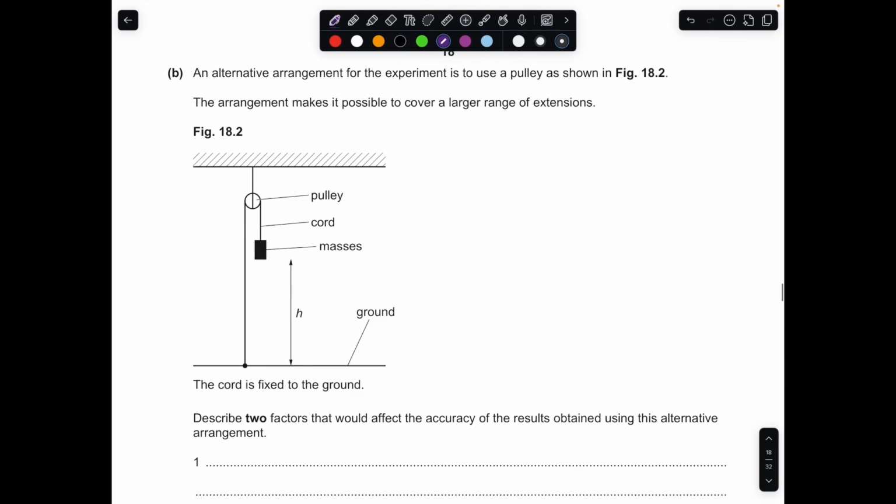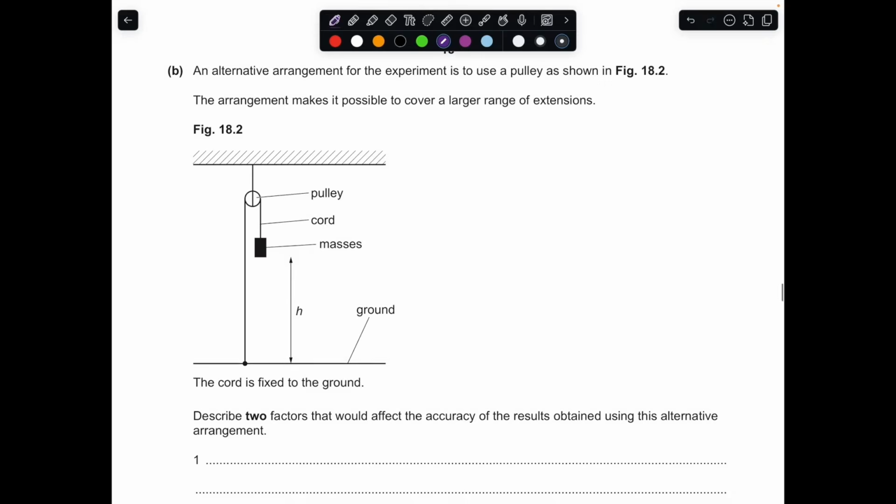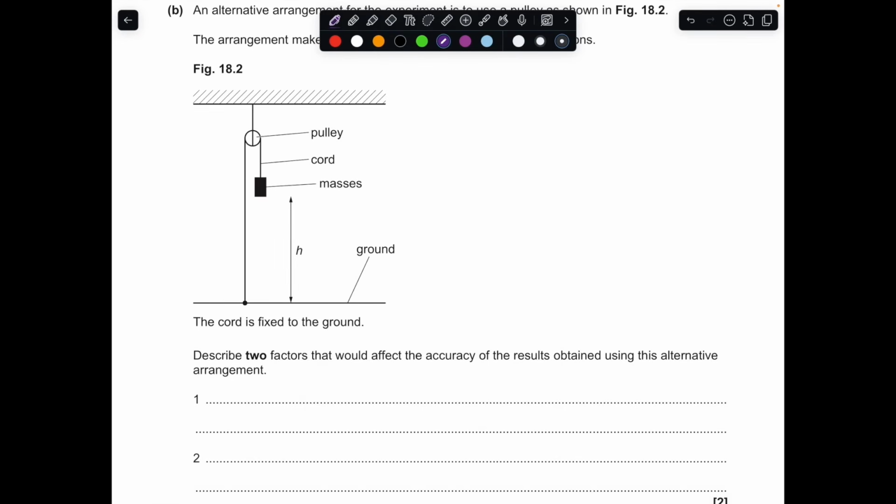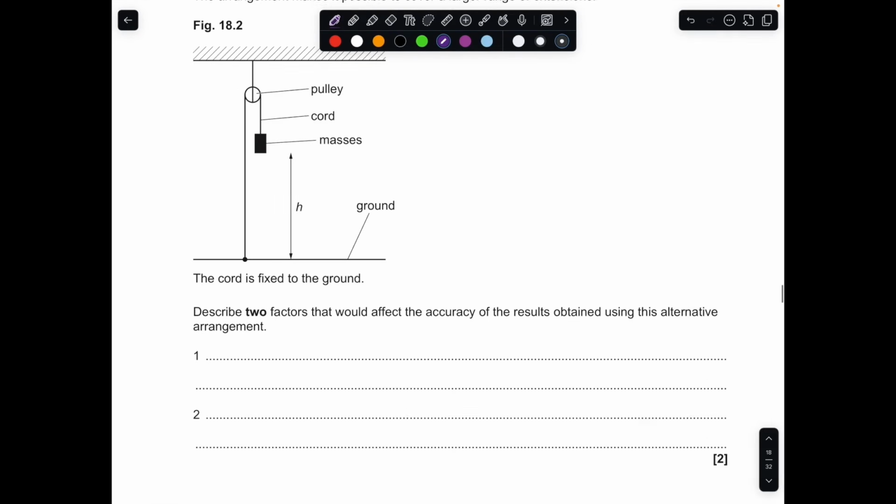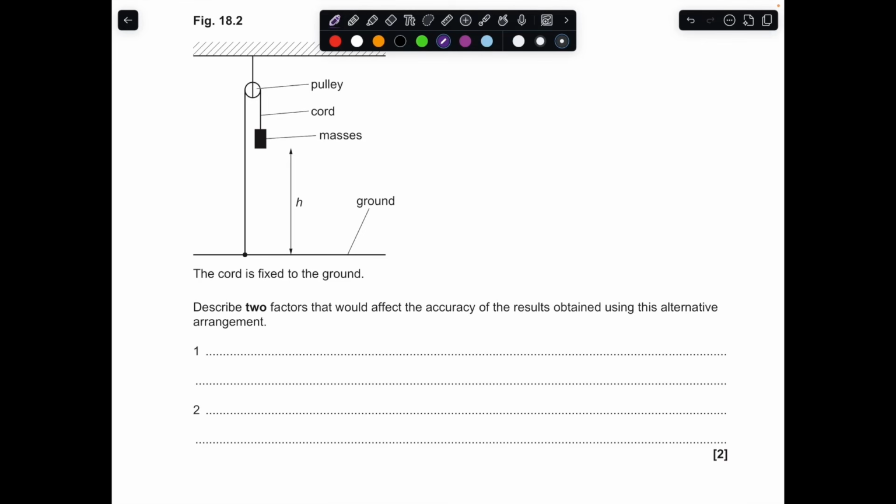Part B. An alternative arrangement for the experiment is used. The arrangement makes it possible to cover a larger range of extensions. The cord is fixed to the ground. Describe 2 factors that would affect the accuracy of the results obtained using this alternative arrangement.